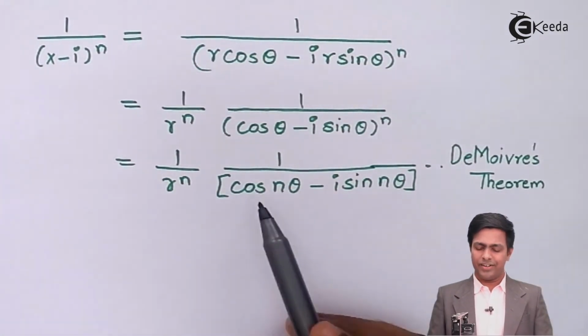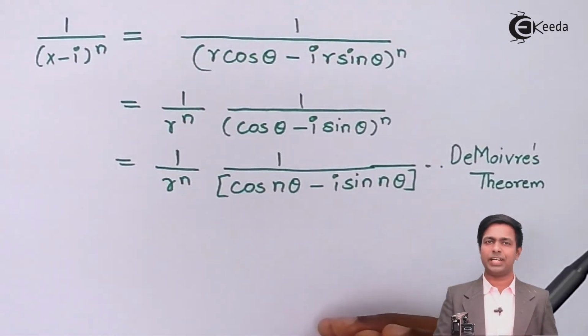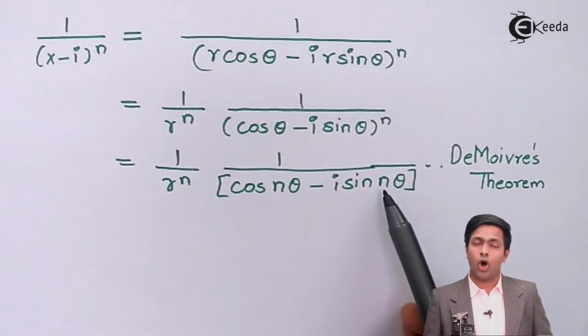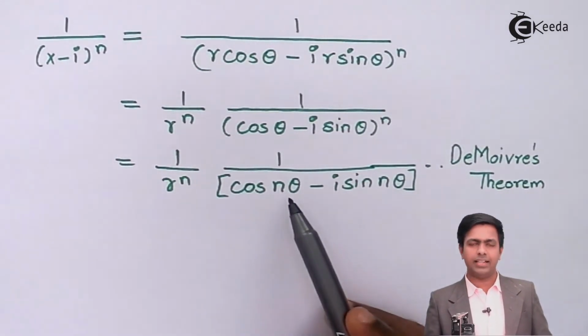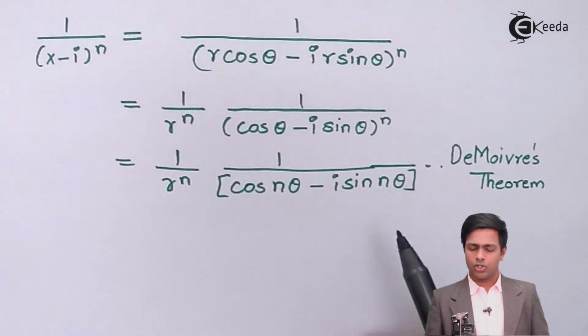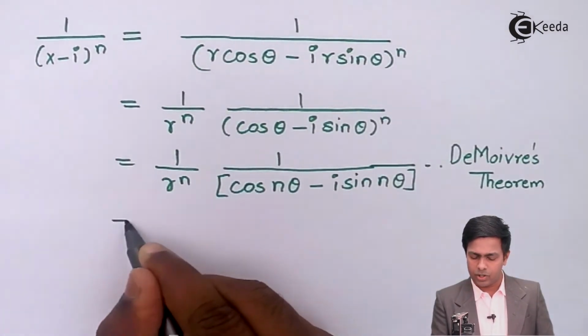Now guys, here in the denominator we have a complex number, so we never keep a complex number in the denominator. That is why I'll rationalize it. I'll multiply with the complex conjugate, that is cos n theta plus i sin n theta, in the numerator and denominator. So in the denominator we will get 1, and this will be shifted to the numerator.